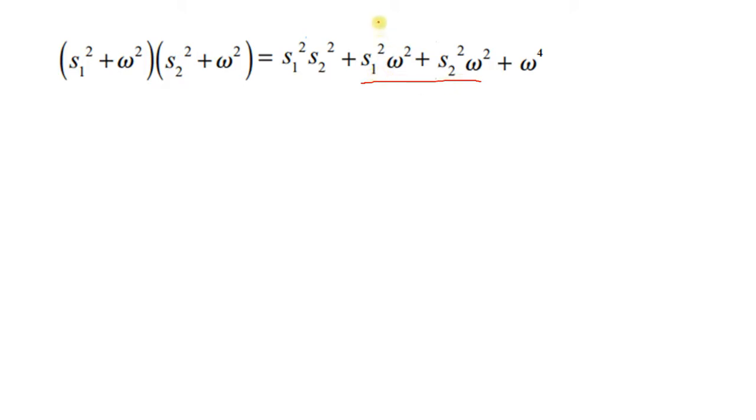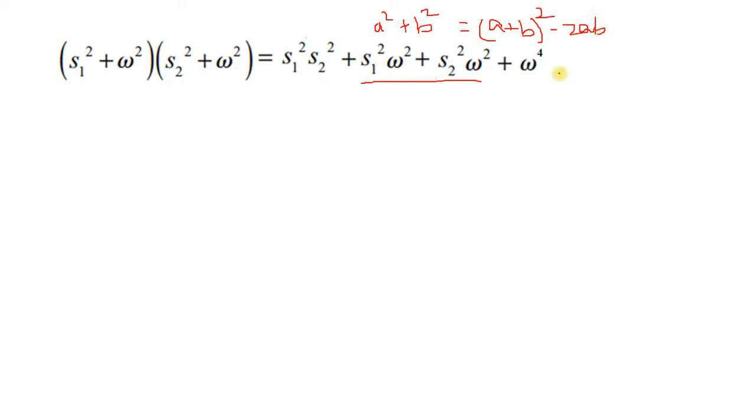Here it is in the form of a square plus b square. So I go for some modification, which is equal to (a plus b) the whole square minus 2ab. Why?